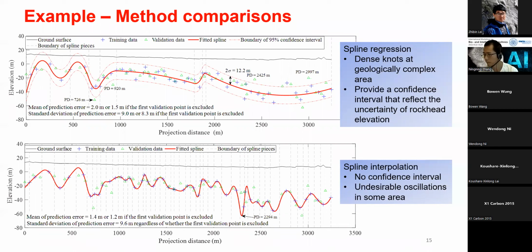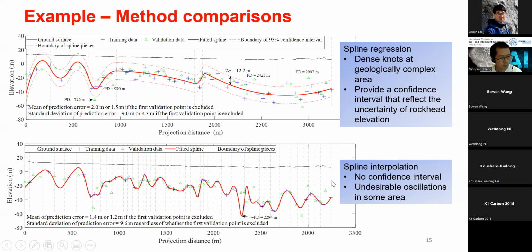As you can see, in the geologically complex areas, such as here in the center and the left-hand side, the methods can automatically place more knots at these areas. So the spatial trends can be captured. Another feature is that it can provide the confidence interval of the rock head elevation.